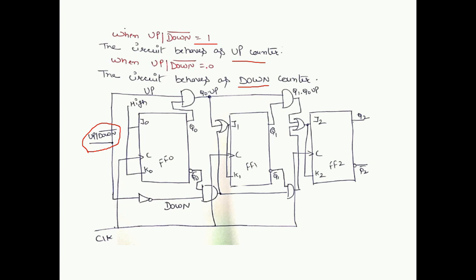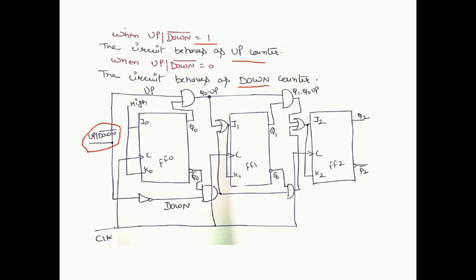Because if its value is 0, then it will behave as a down counter, but actually we require a signal 1 for the implementation through the AND gate. So 0 will be converted into 1. So first of all, in the upward direction, we require Q0, Q1, and for the downward direction, we require Q0 bar and Q1 bar, as we have already discussed.